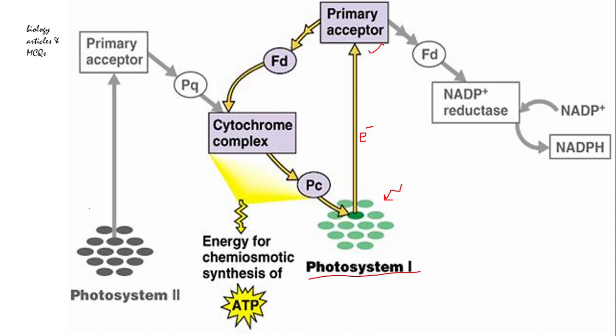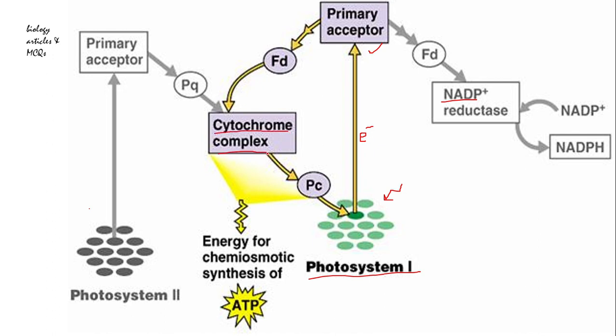And the primary acceptor will then give it to the ferredoxin protein, and the ferredoxin, instead of giving it to the NADP plus reductase, will reversely give the electron to the cytochrome complex.